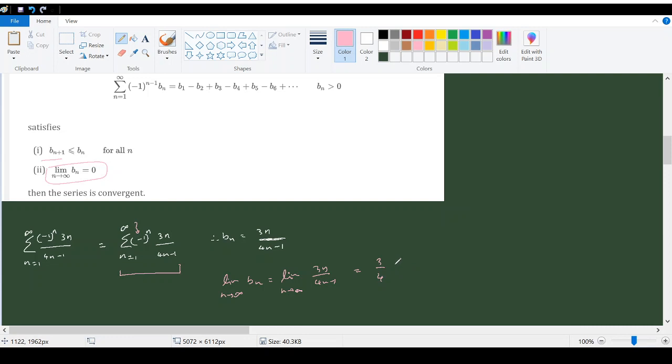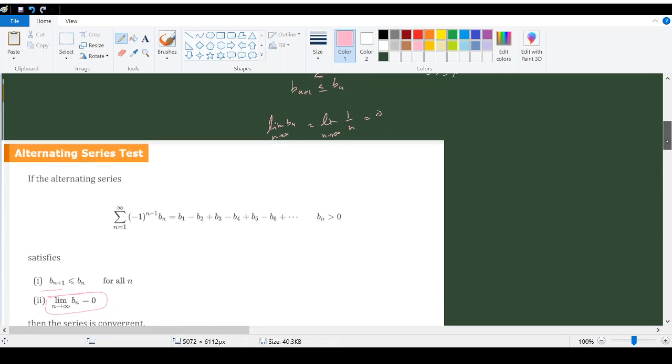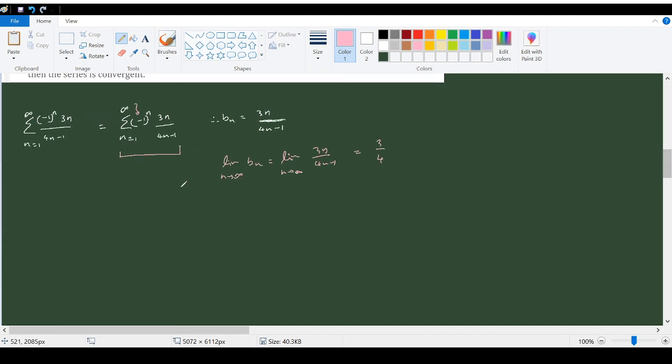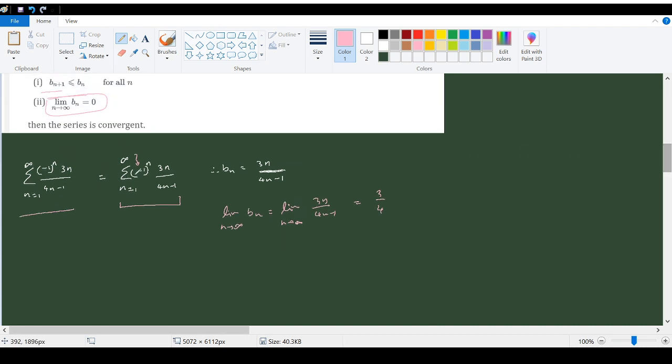So it is not equal to 0. In other words, this condition is not satisfied, so the alternating series test cannot be applied for this series. In other words, we cannot determine the convergence of this series through the alternating series test.